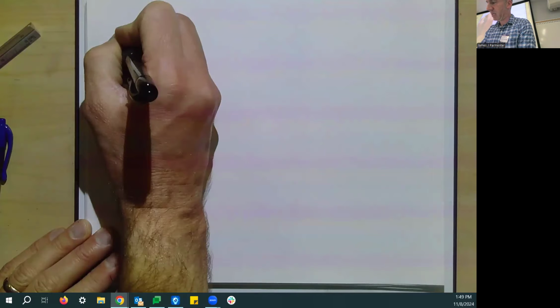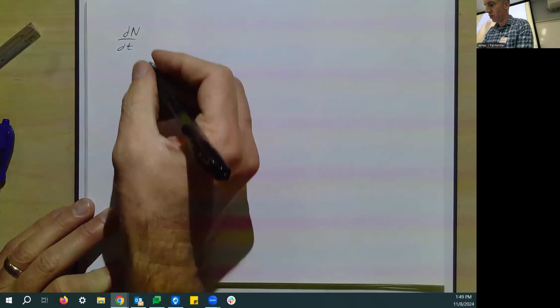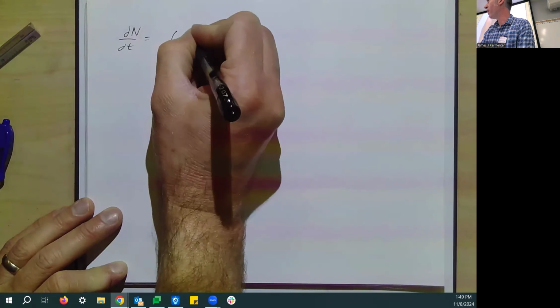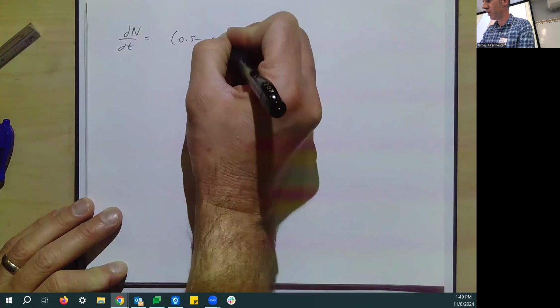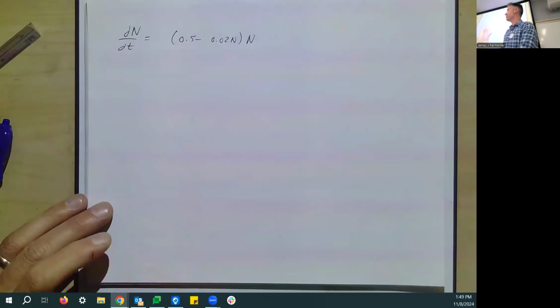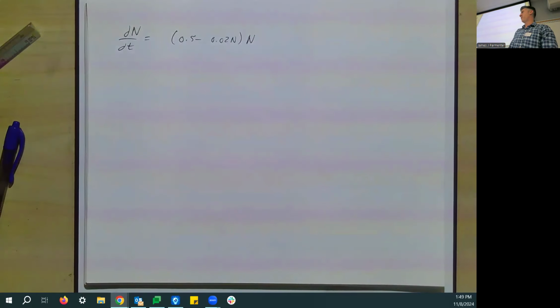So we're starting off with the differential equation. Let's move that arrow out of the way. It's terrible. We have dN/dt equal to (0.5 minus 0.02 times N) times N, where N of t is the population size in millions of individuals per milliliter. Maybe we're talking about cells or something.